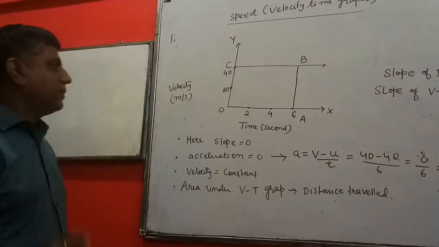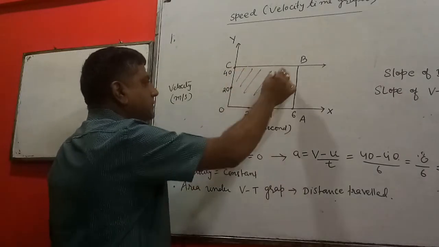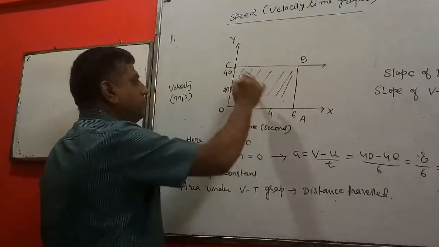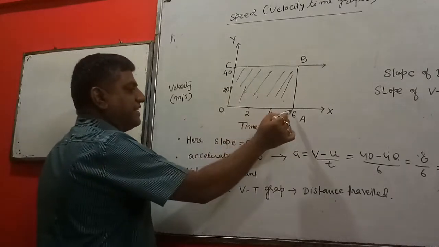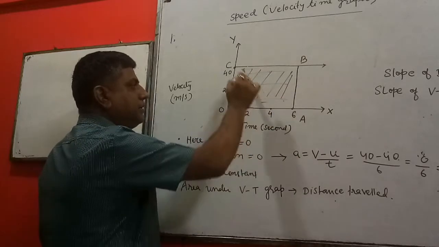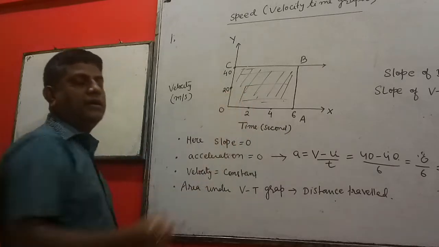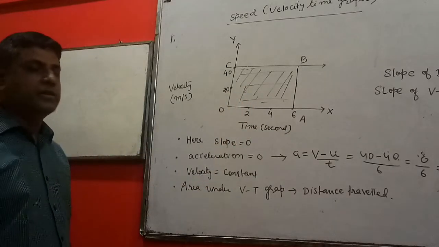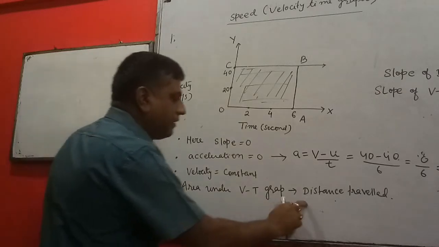Now if I ask you to calculate the distance traveled by the car up to 6 seconds, this is the area. So this figure is something like a rectangle, isn't it?